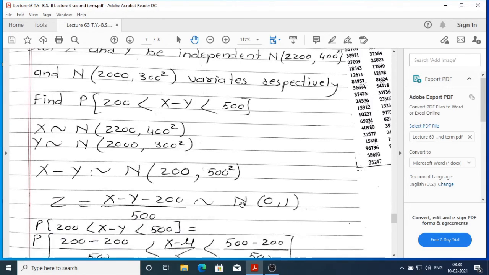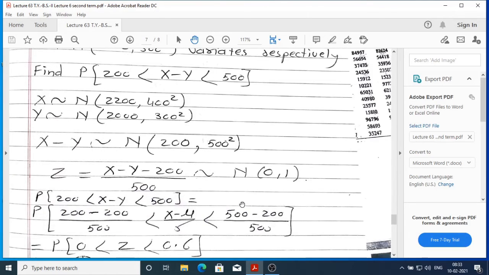So convert the range of x into range of z. So z is equal to x minus y minus 200 upon 500 will follow normal 0, 1. So probability 200 less than x minus y less than 500 can be written as probability 200 minus 200 upon 500 less than x minus mu upon sigma less than 500 minus 200 upon 500.